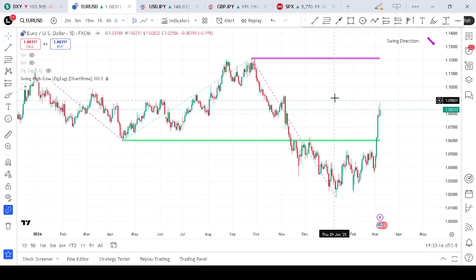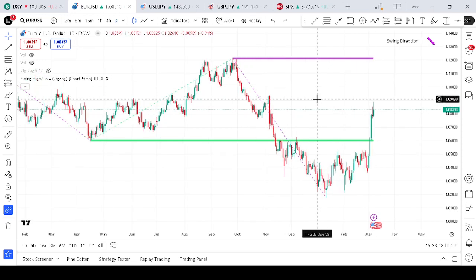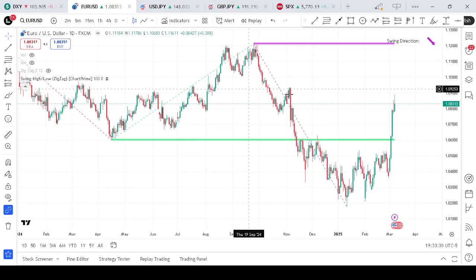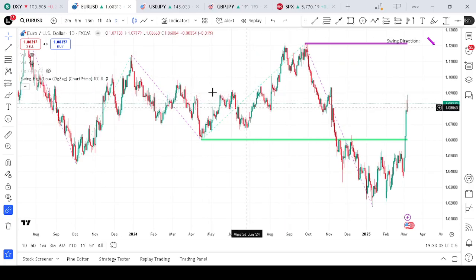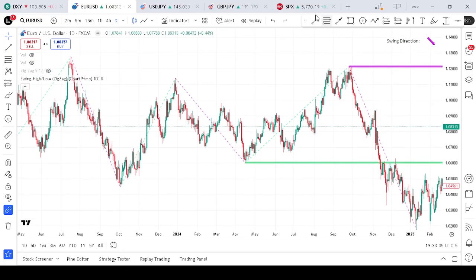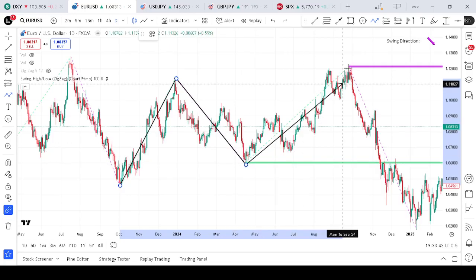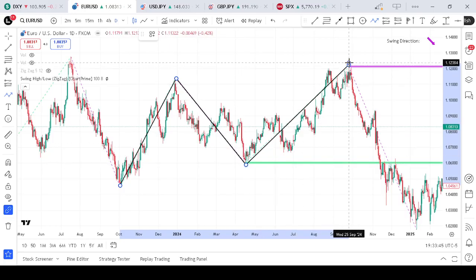Moreover, it reduces false signals by focusing only on significant price movement, which helps traders avoid unnecessary trades. Now we can see the way the indicator smooths out price shows us the exact market structure we are looking at. As you can see, this is the swing point that we are focused on in the chart.